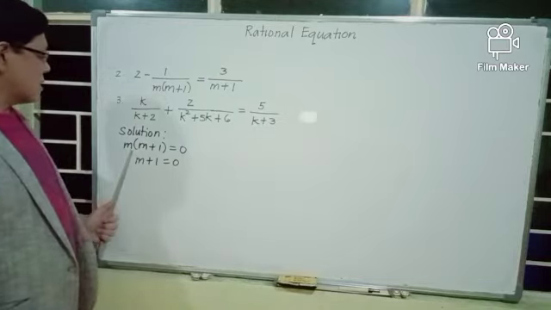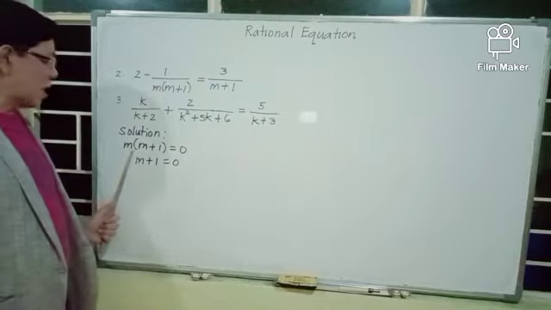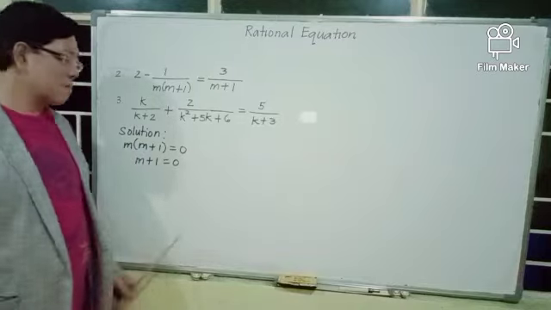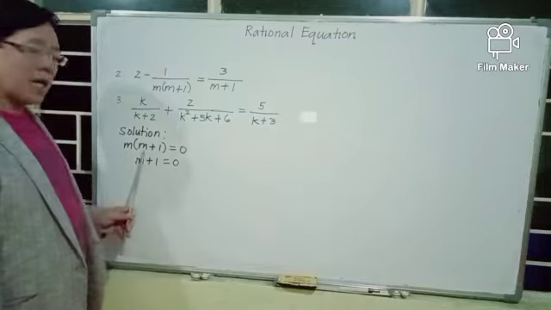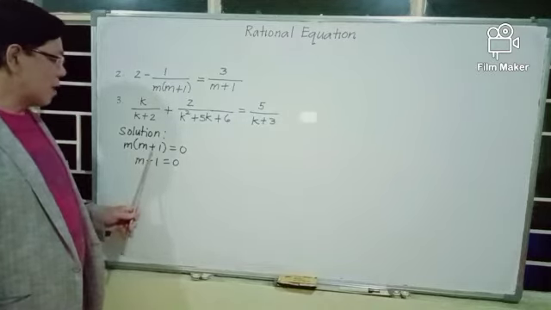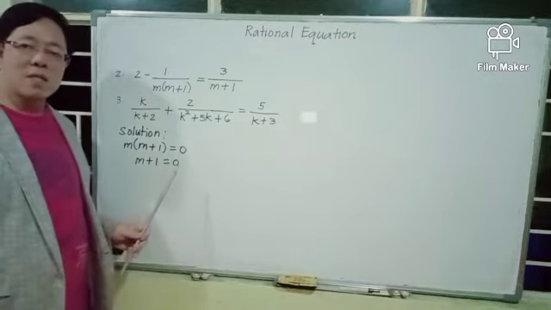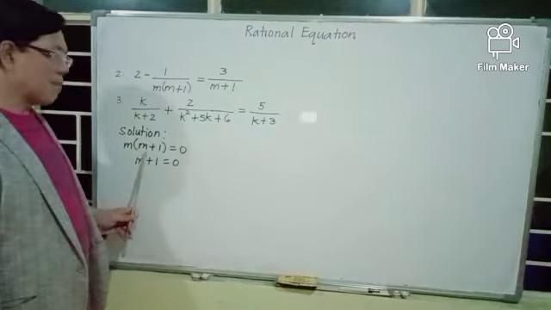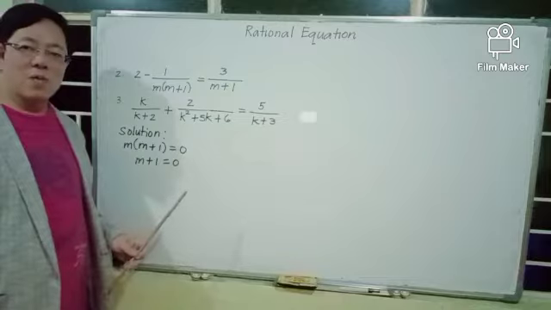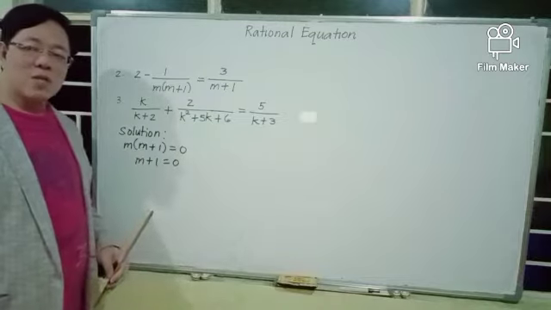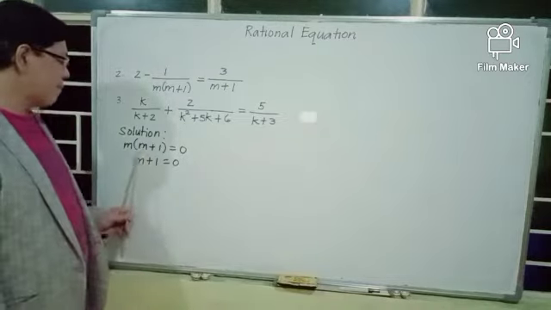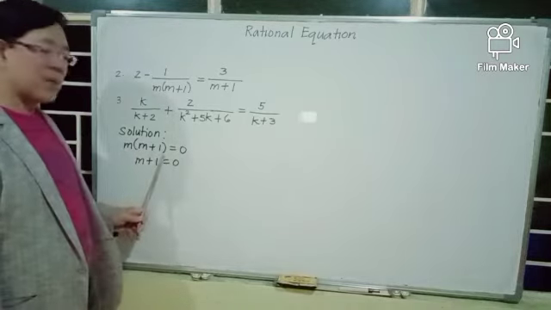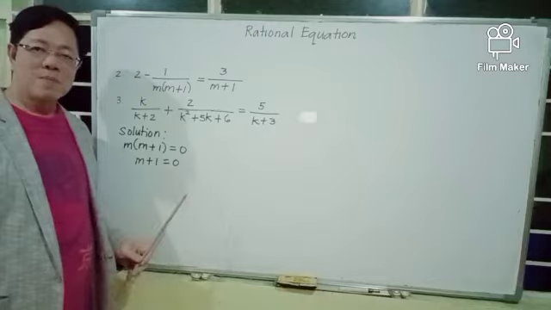And this equation m times quantity m plus 1 is actually a quadratic equation. If you multiply m by m, you get m squared, plus m multiplied by 1 is m. So m times m plus 1 equals 0 is actually the quadratic equation m squared plus m equals 0. But this is given in factored form.